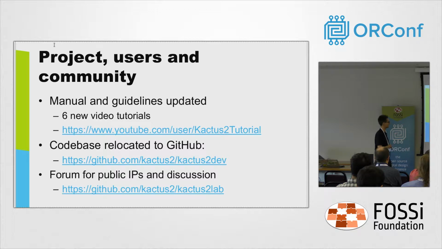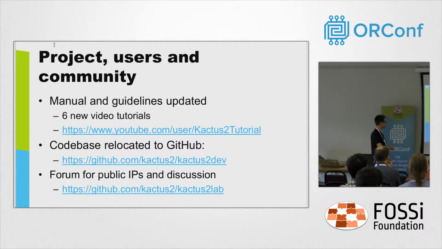This is extremely important to us in the sense that users can now very easily help us patch issues, or contribute to the code base if they want to. And one of the things we've been wanting to do is that when people are using IP-XACT and Kactus2, they often come up with issues in packaging their IP.